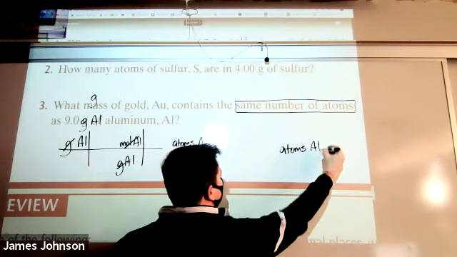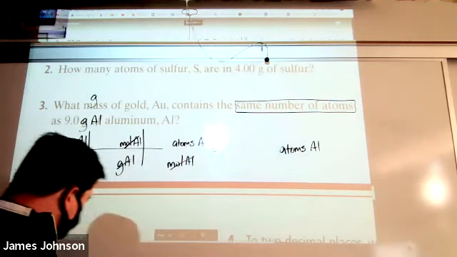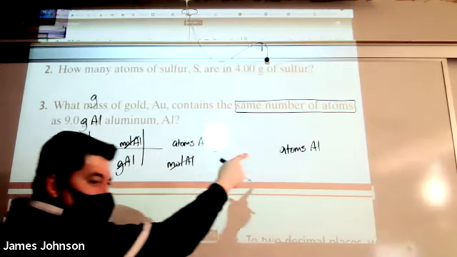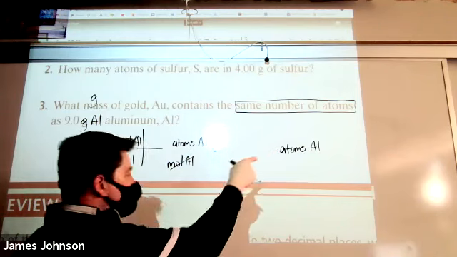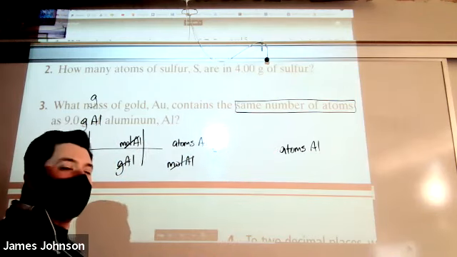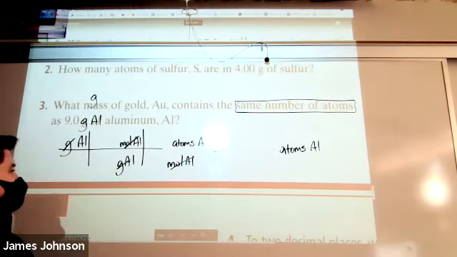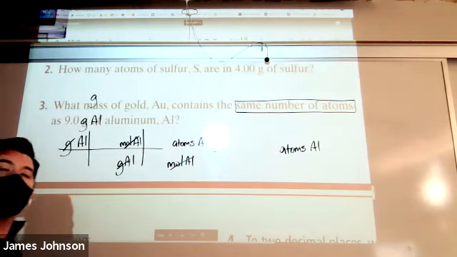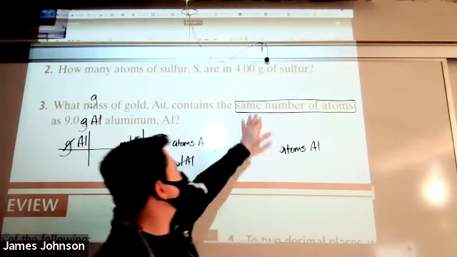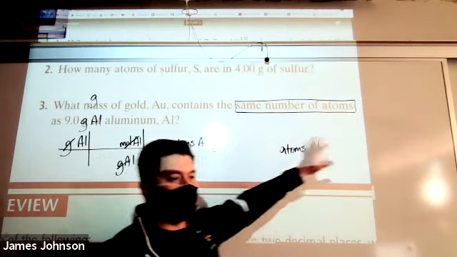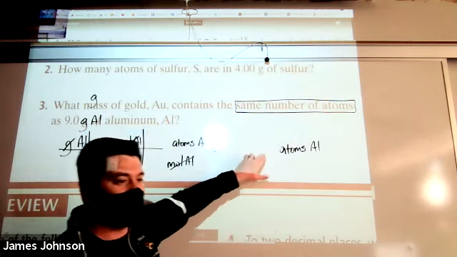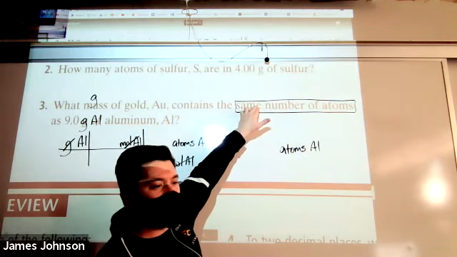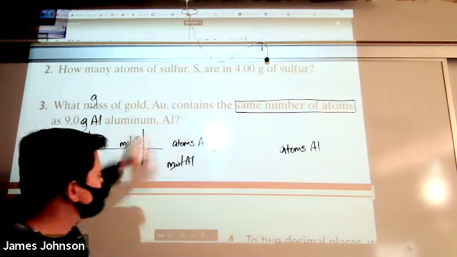And the only unit that I'll have left is atoms of aluminum. Now, once we have that value, we can take that value and start a new set of conversion factors, but now we'll be talking about gold, right? Because it's the same number of atoms. However many atoms of aluminum we have, same number of atoms of gold.